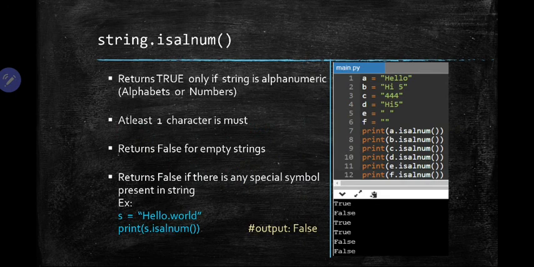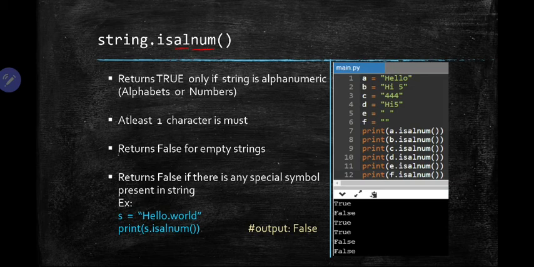Next is isalnum. As the name itself suggests, it will check for the string to be alphabetic and numeric. So it checks whether there are alphabets and numbers present inside the string. In case they are present, then it will return true.